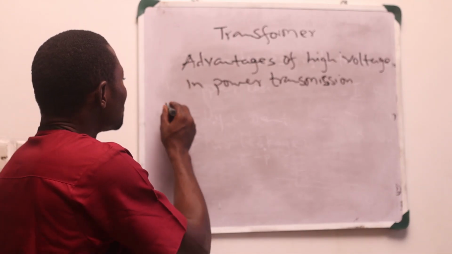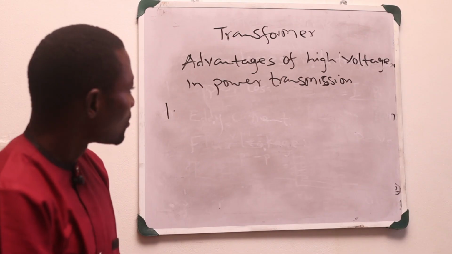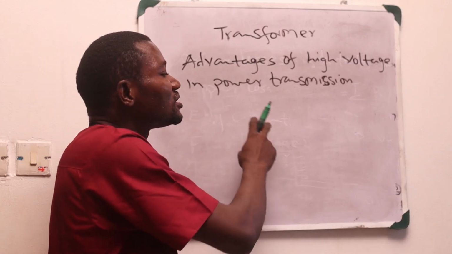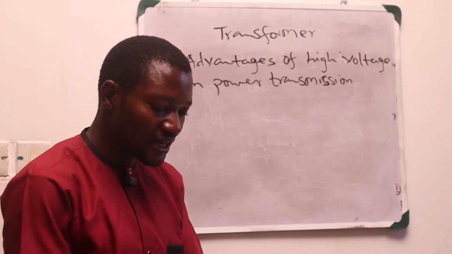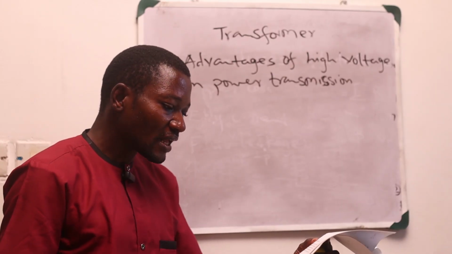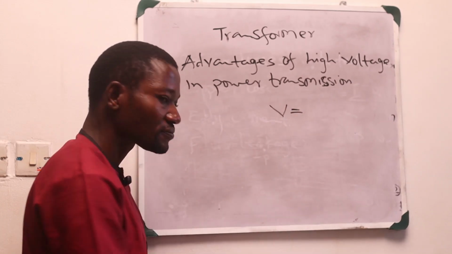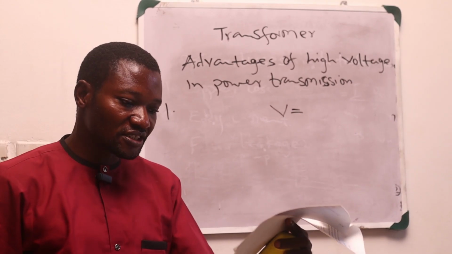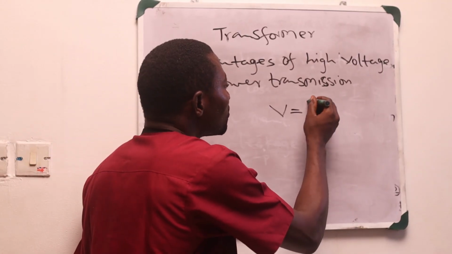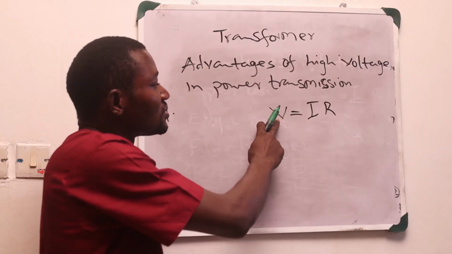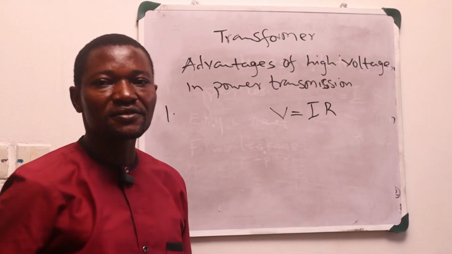So the first reason: power is transmitted using a line wire. And assuming we are using a very thick wire, from Ohm's law, we have that our voltage is equal to IR.